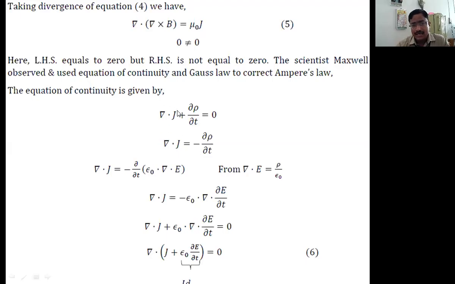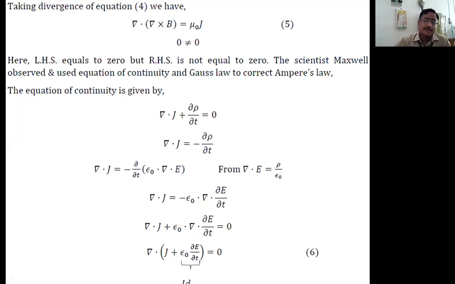What he found is that divergence J is not equal to 0. But if we add some additional term here, it becomes equal to 0. But if you add an additional term d rho by dt to this equation, it is becoming 0.